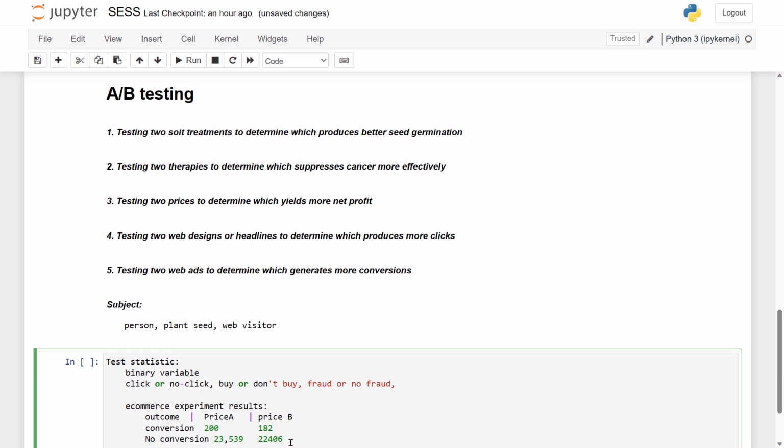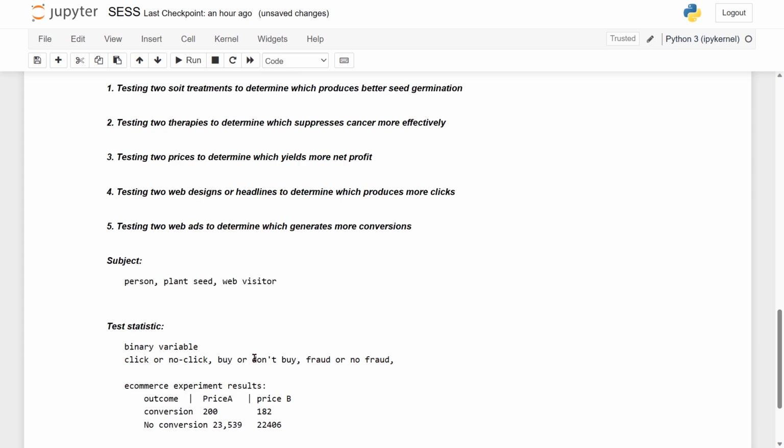If the metric is a continuous variable such as purchase amount, profit, or a count, such as days in a hospital or maybe pages visited, the results might be displayed differently.